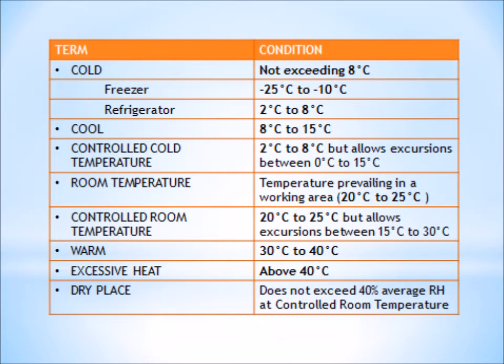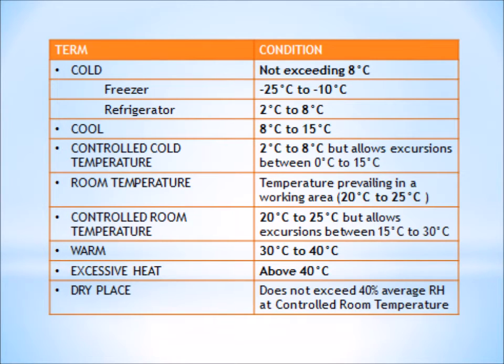Controlled cold temperature, 2 to 8 degrees Celsius, but allows excursion between 0 to 15 degrees Celsius. Room temperature, temperature prevailing in a working area, 20 to 25 degrees Celsius. Controlled room temperature, 20 degrees Celsius to 25 degrees Celsius, but allows excursion between 15 to 30 degrees Celsius.